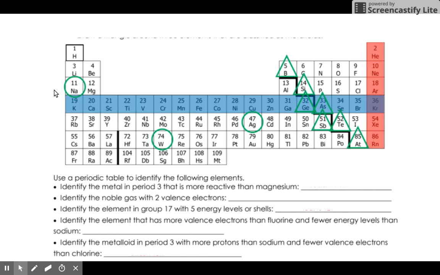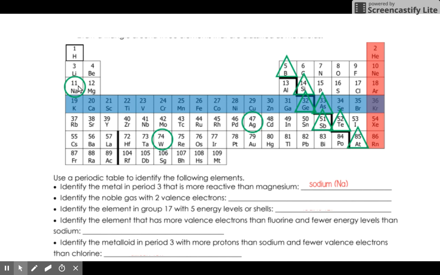The first question says identify the metal in period 3 that is more reactive than magnesium. I'm looking for magnesium, which is Mg, and something more reactive in period 3. So let's look 1, 2, 3, and the more reactive metal is sodium.